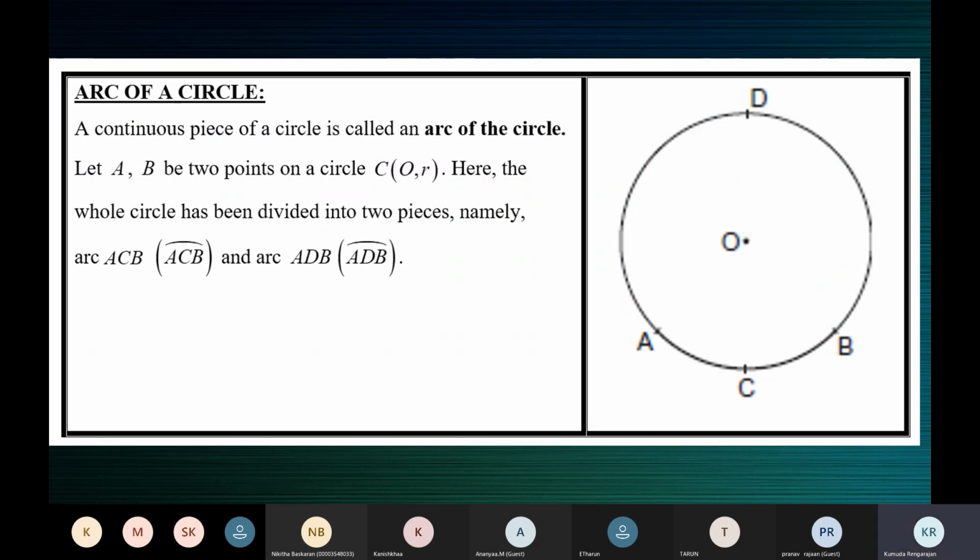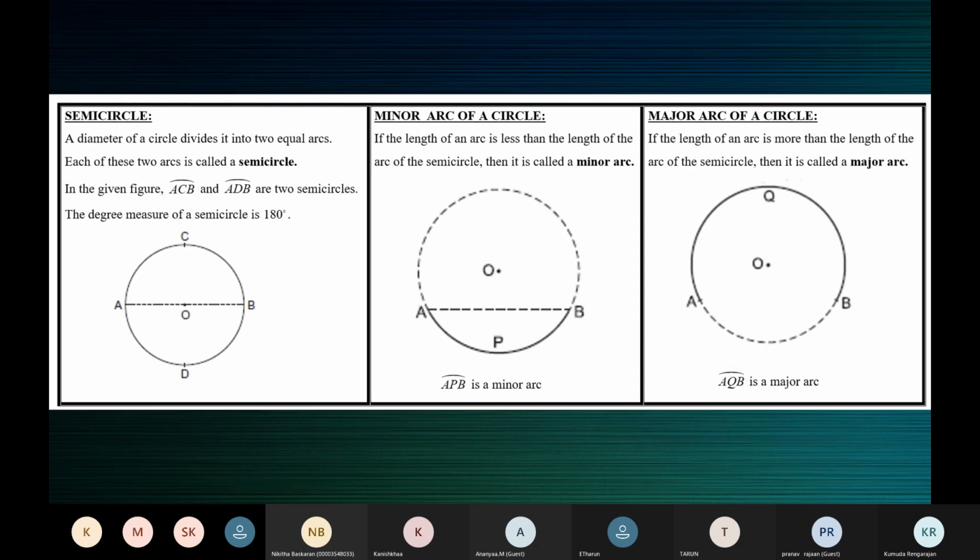Arc. What is meant by an arc of a circle? It's a part of the circumference of the circle, or a continuous piece of the circle. A continuous piece of the circle is an arc of a circle. Semicircle.